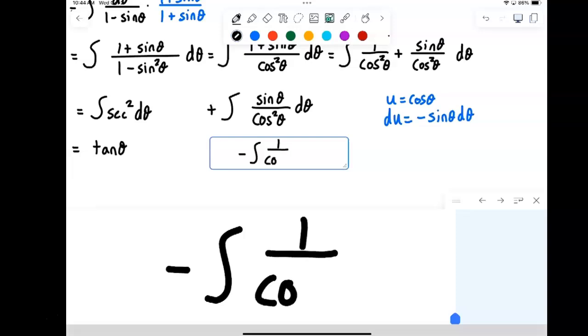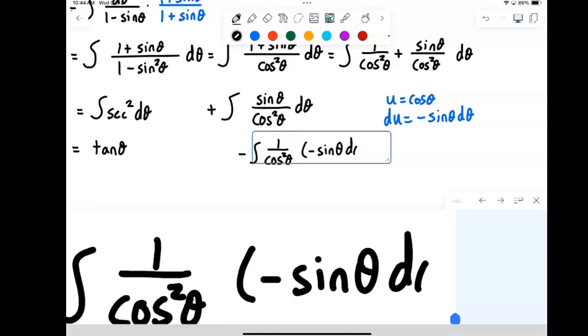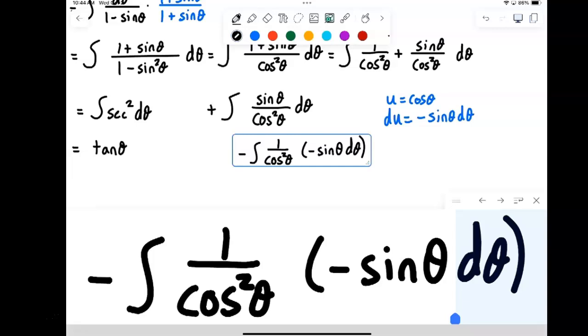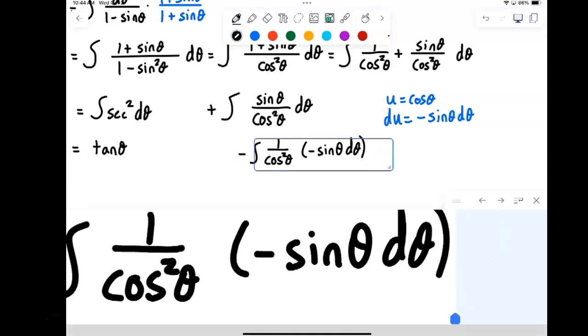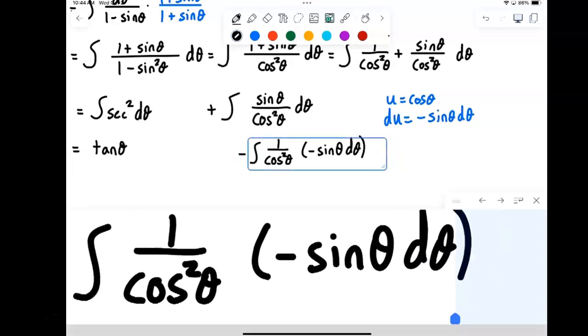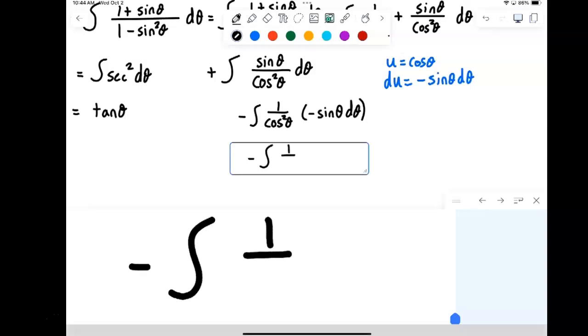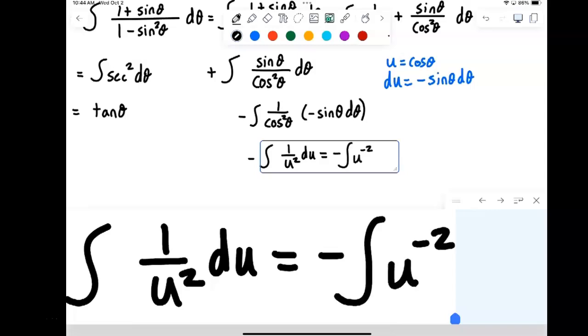Here we have 1 over cosine squared, and now fix the minus sign by putting it inside as well. So now we have 1 over u squared du. So we can carry the substitution through: minus the integral of 1 over u squared du, which is minus the integral of u to the negative second du.